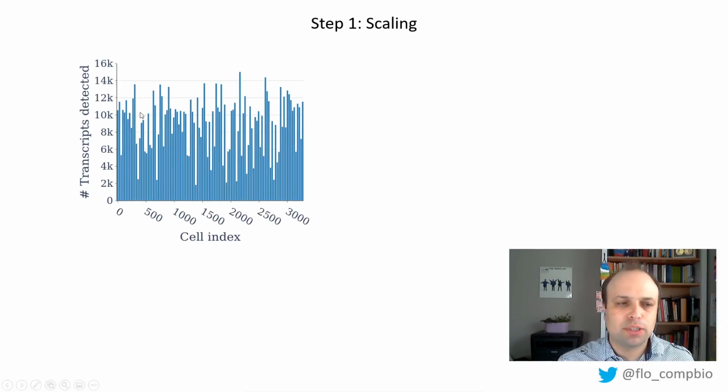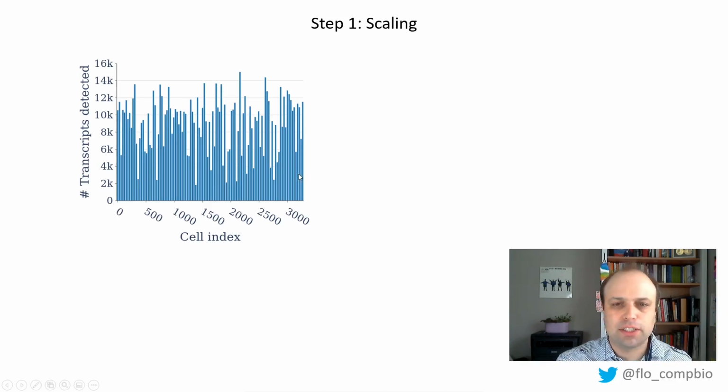Here's an example data set where you have a little bit over 3,000 cells, and on the y-axis you have the number of transcripts detected for each cell. So if you sum up all the UMI counts for each gene in each cell, this is the number you get, and you see there's a big range of values from roughly 2,000 to more than 14,000.